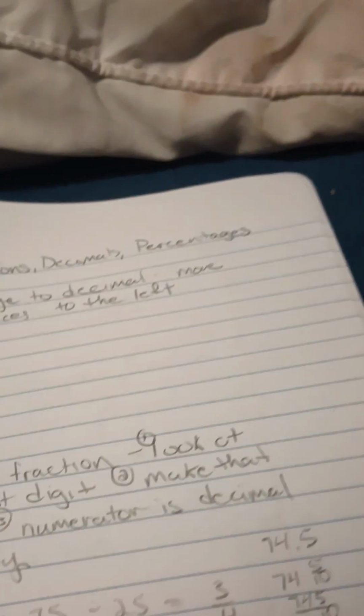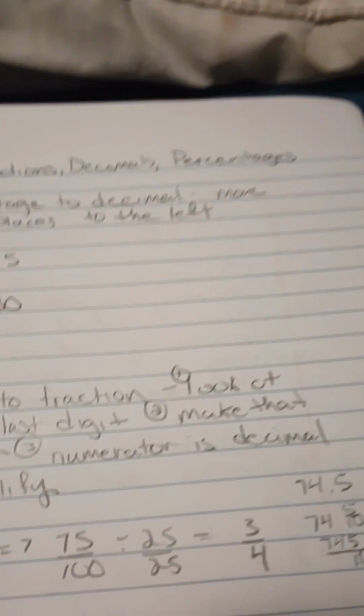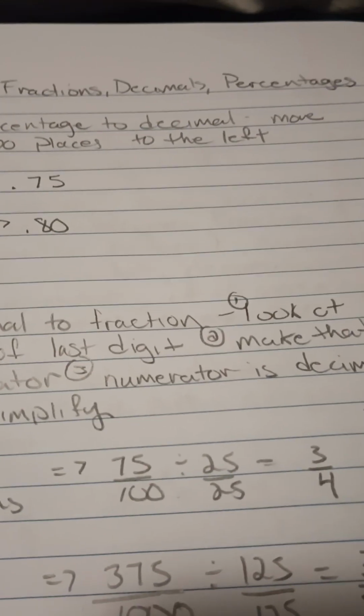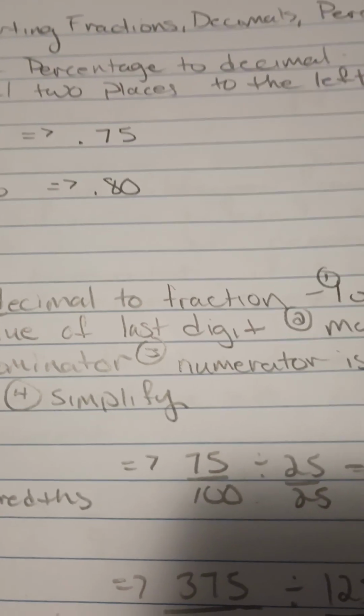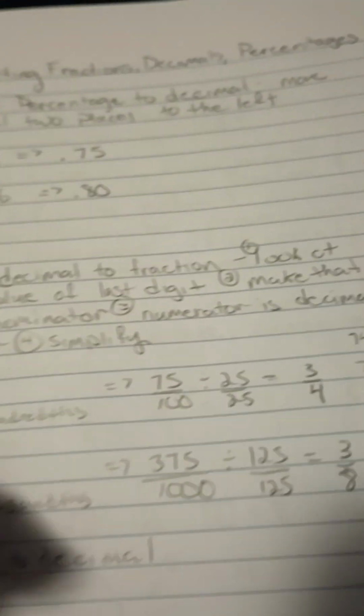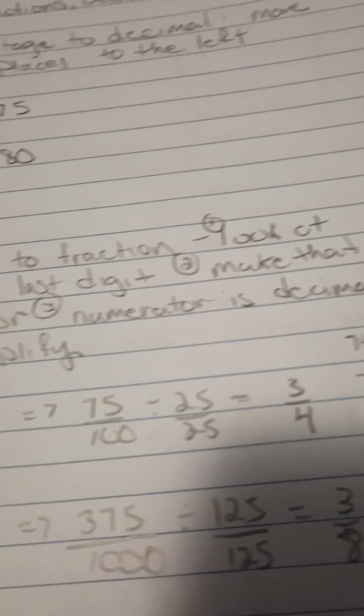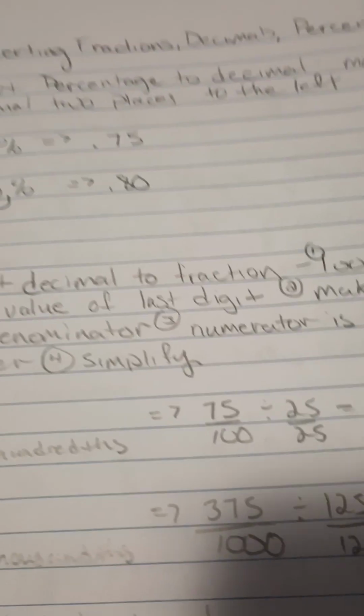So now we're going to be looking at converting fractions to decimals and fractions to percentages, decimals to percentages, all that good stuff. So converting percentages to decimals is pretty easy. We just move the decimal two places to the left.